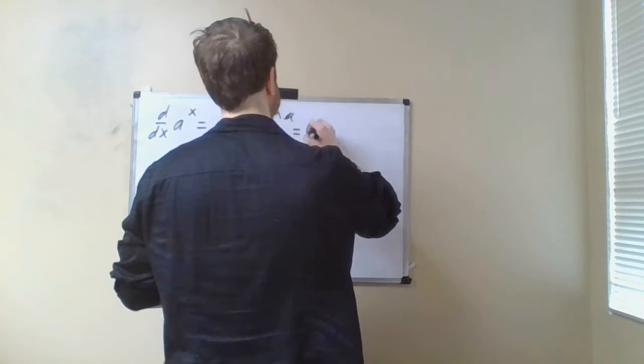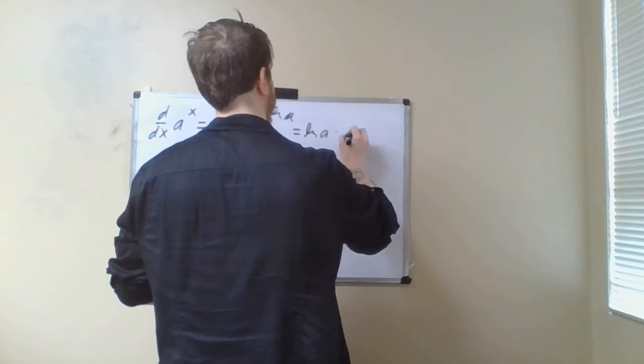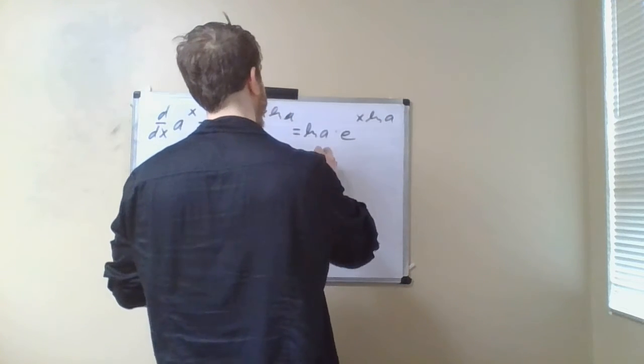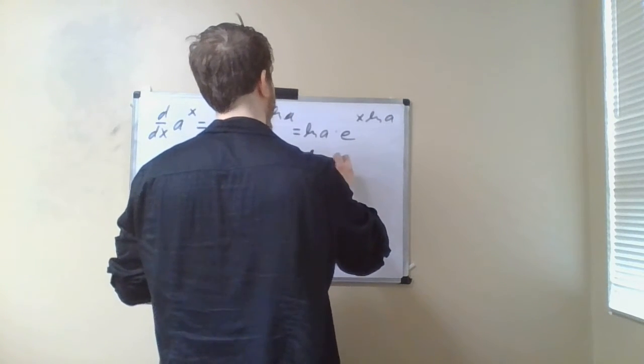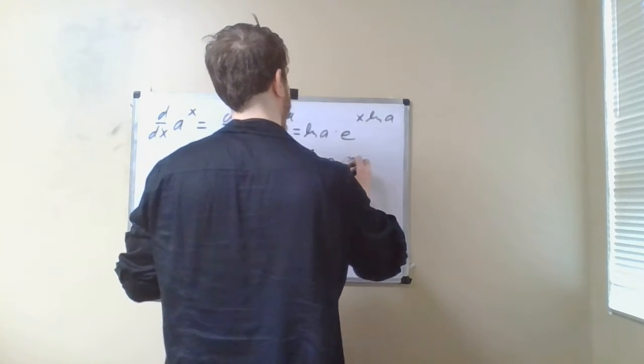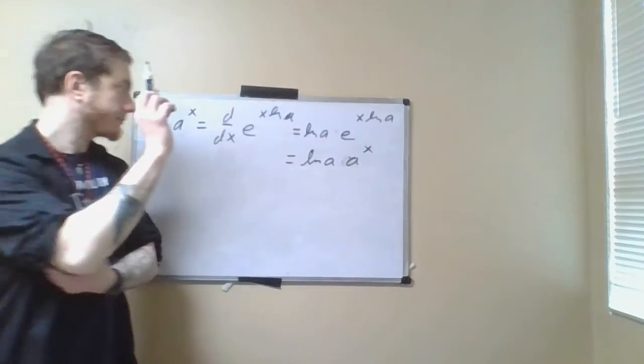This is going to be natural log of a times e to the x natural log a, which is natural log of a times a to the x.